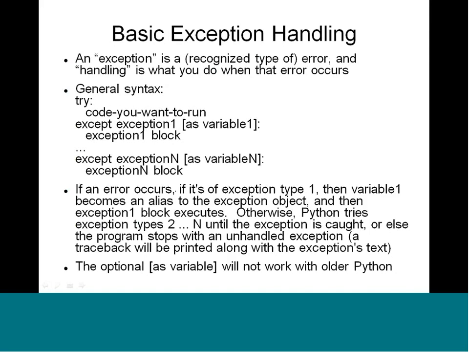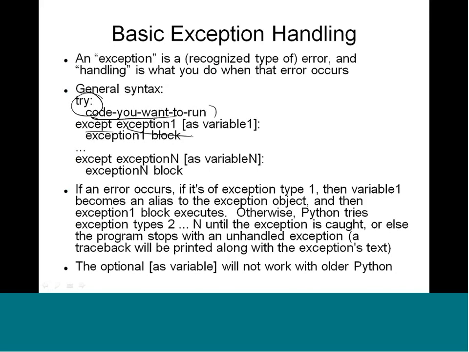So the general syntax of exception handling is this call called try, very similar to a function, but it's not a function, it's a predefined construct. And then basically what we say is try the code you want to run, except what are the exceptions.